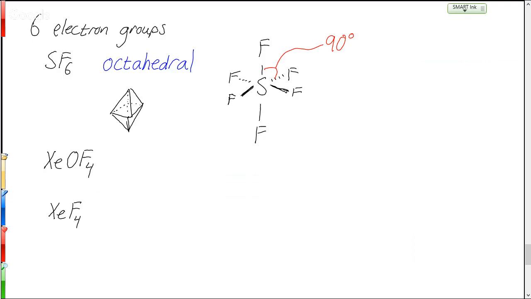Draw the Lewis structure, figure out the electron groups, and then decide, or talk to people around you, where you're going to put those electron groups so that they're as far away from each other as possible. And that's going to give you your shape.